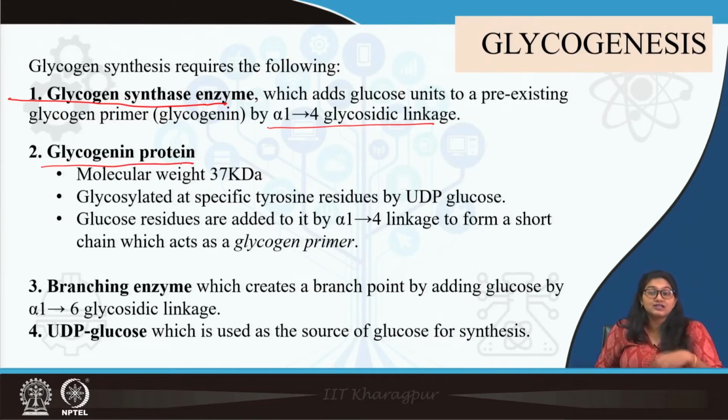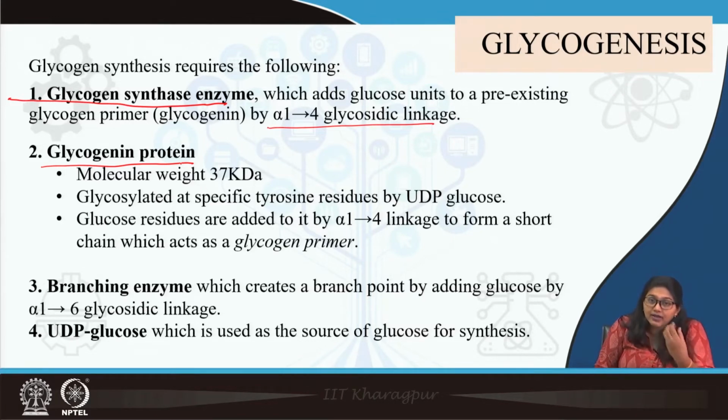Remember, even if glycogen is a carbohydrate, it is synthesized over a protein molecule that is known as glycogenin. This is a 37 kilodalton molecular weight protein.